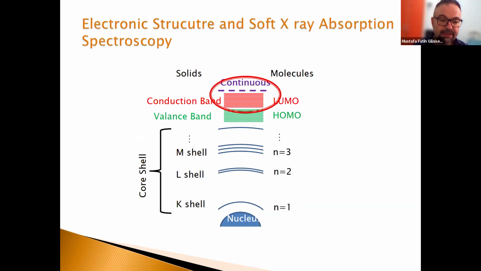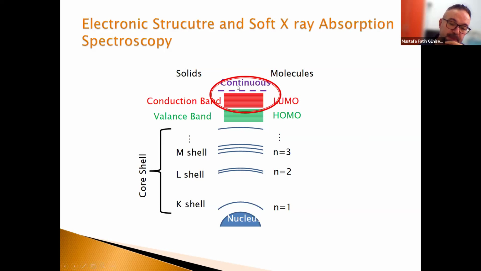So, as you understand from these previous pictures, this is a schematic representation of orbitals. We are dealing with the conduction band or LUMO. Soft X-ray absorption is mainly related with electronic structure.